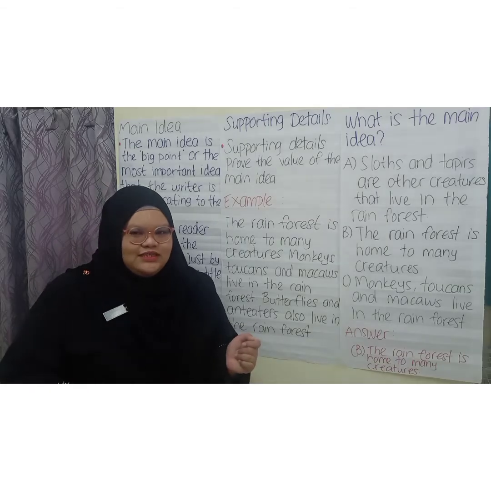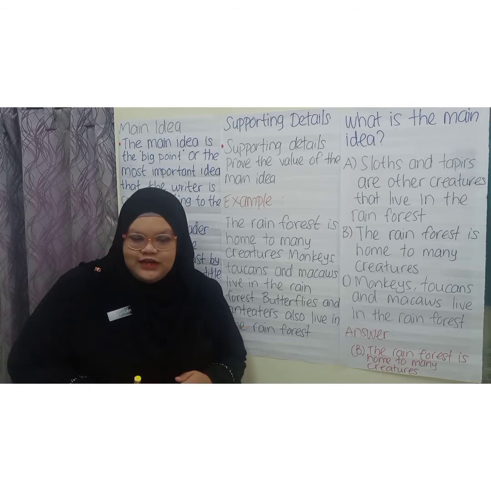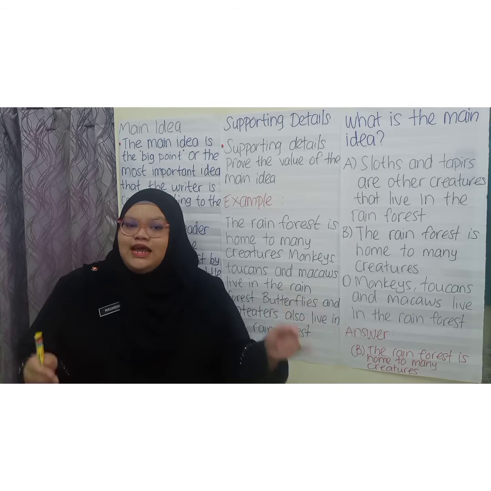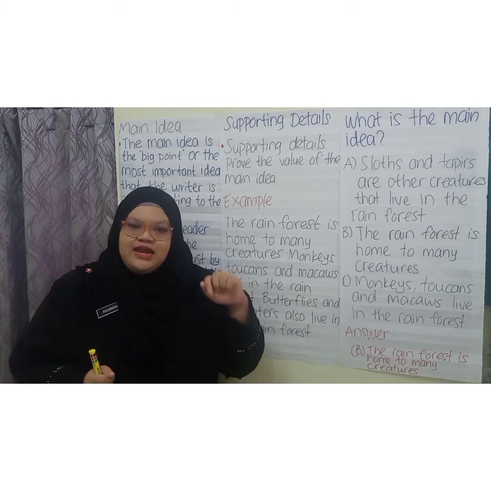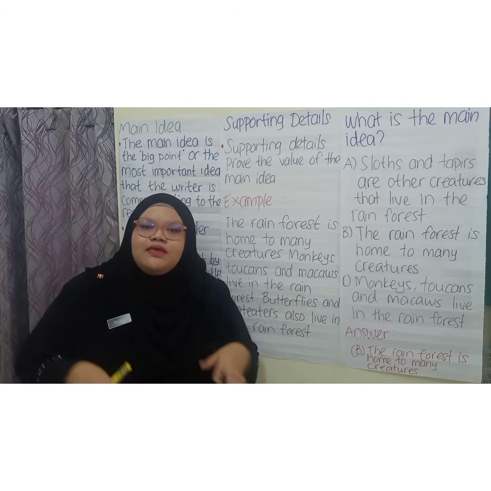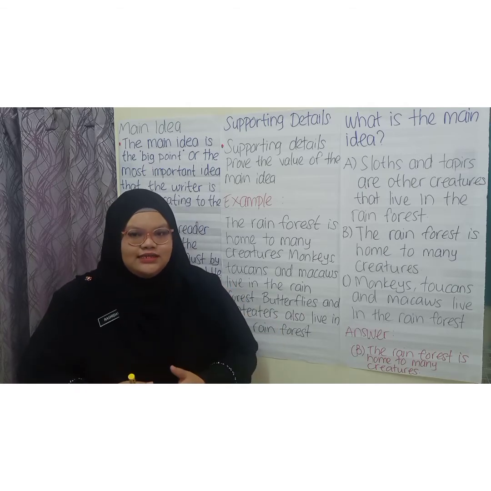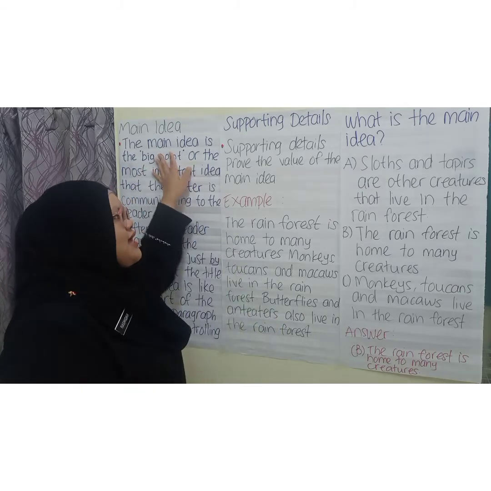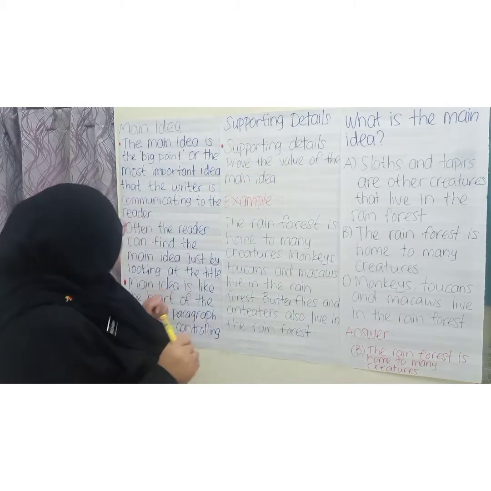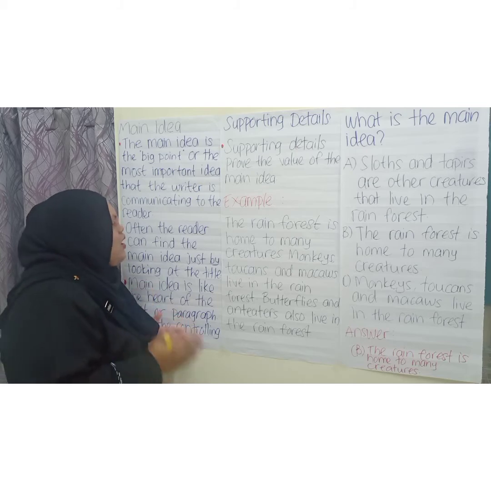Good morning, students. So, have you watched the video that I have provided you in the WhatsApp group? So, basically, that is just about main idea and also supporting details. So, now I'll be explaining more to you guys what are the main ideas and also supporting details. Okay, now let's look. What is the main idea all about?